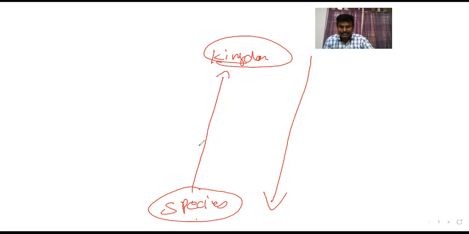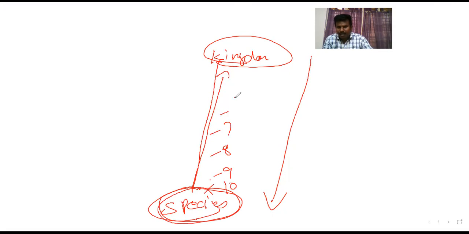As we go higher from species to kingdom, the number of common characteristics decreases: 10, 9, 8, 7, 6, 5, and so on.